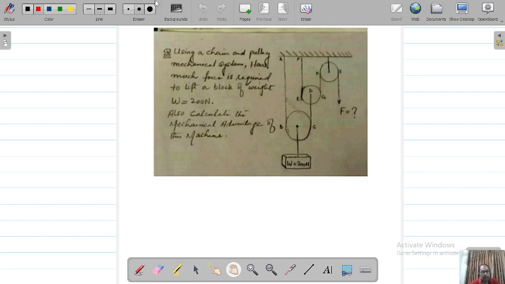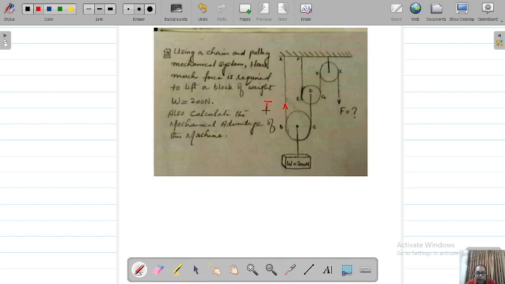The first thing we can do is assume there is tension here.